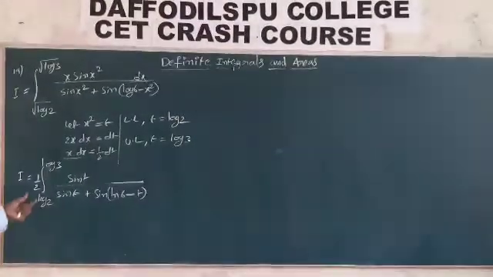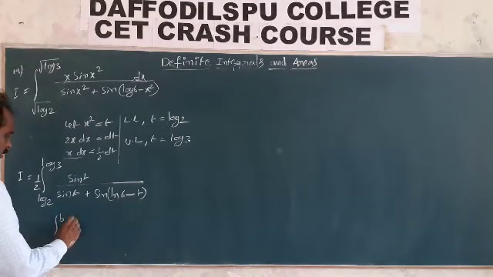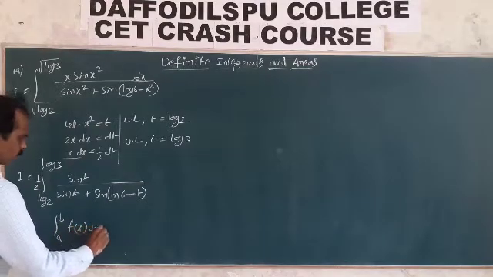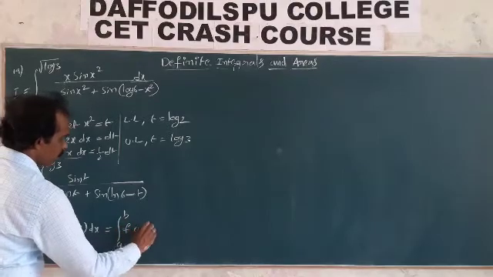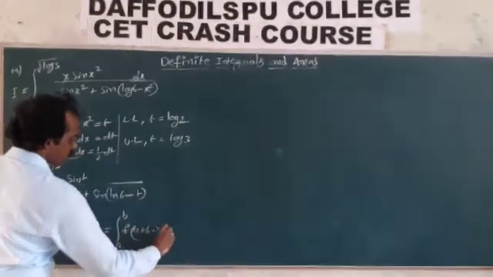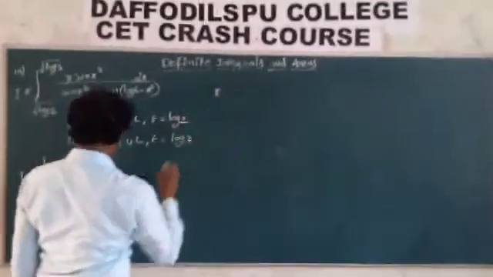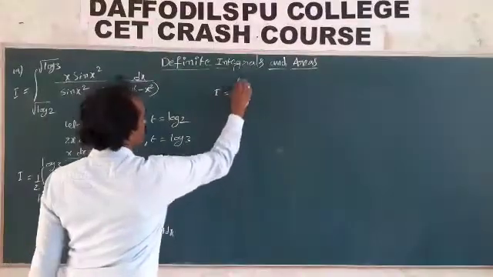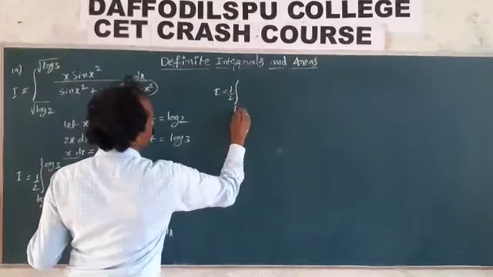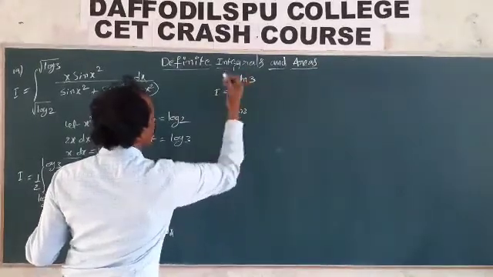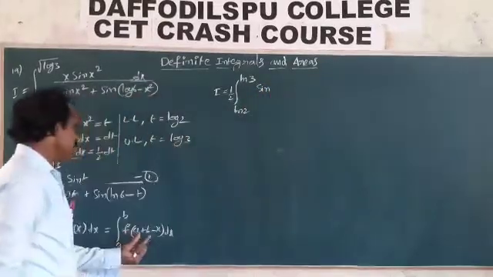Right. Now we know the property: the integral from a to b of f of x dx is equal to the integral from a to b of f of a plus b minus x dx. Use this property. This is equation number 1. So I is equal to 1 by 2, the integral from ln 2 to ln 3, with a plus b minus x.